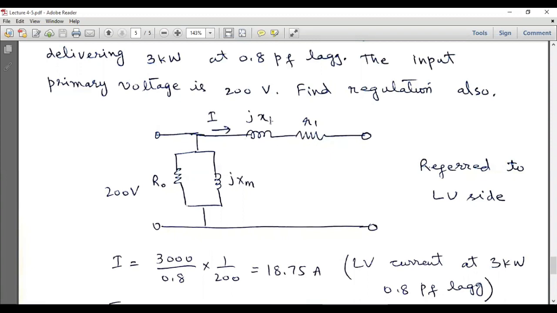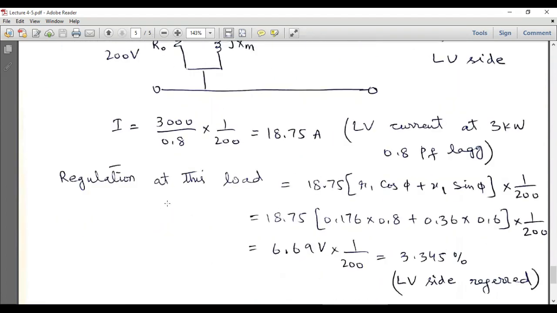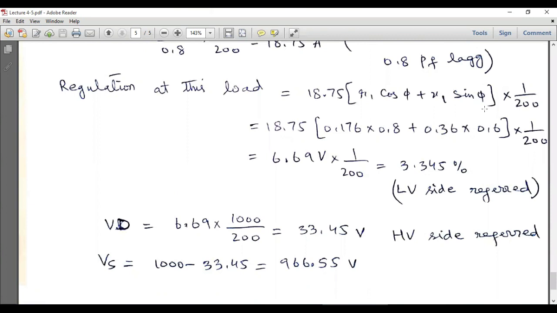So this voltage drop is calculated already, and we have to divide it by this no load voltage or primary voltage, which is 200 volts. If I divide this by 200, I will get the voltage regulation. So this is 6.69 volts divided by 200, and it is 3.345%, the voltage regulation. Now we have to refer this voltage drop to the high voltage side.